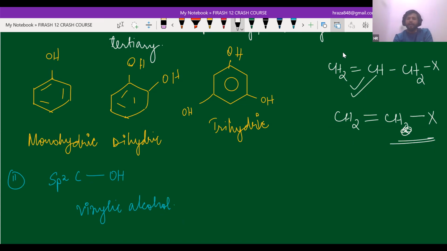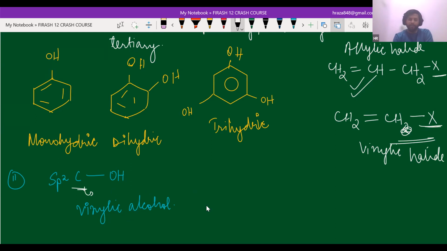If you replace this X with OH, it will be allylic alcohol. This is vinylic halide. If you replace this X with OH, it will be vinylic alcohol. Basically, if the carbon to which OH is connected is sp2 hybridized, then it is vinylic alcohol. This is your vinylic alcohol, and this is also your vinylic alcohol. Are you getting my point?